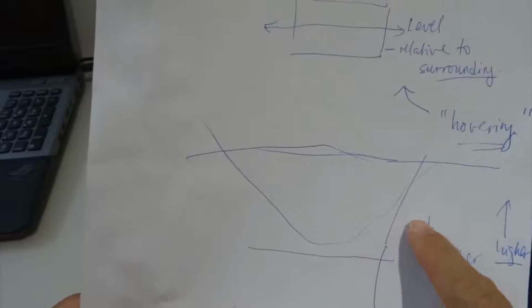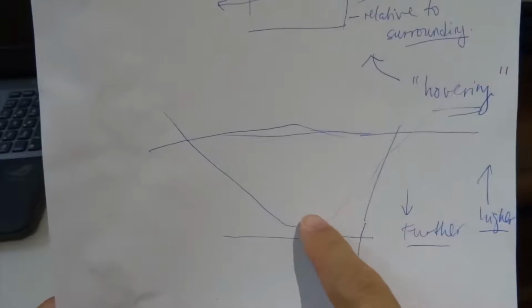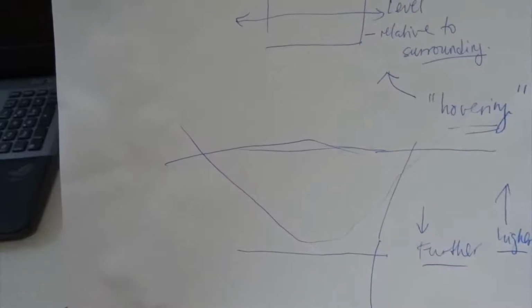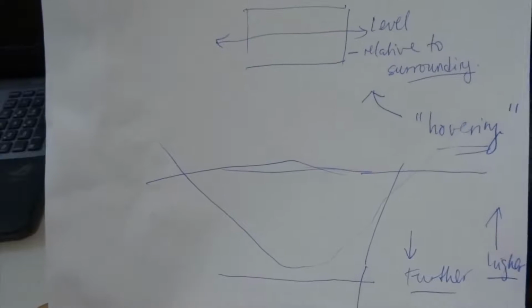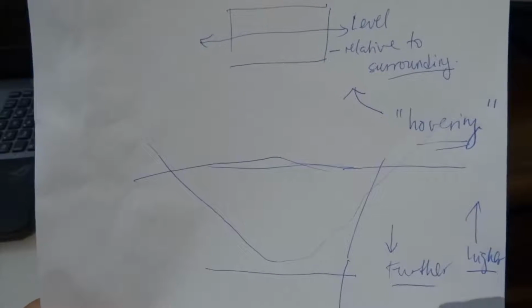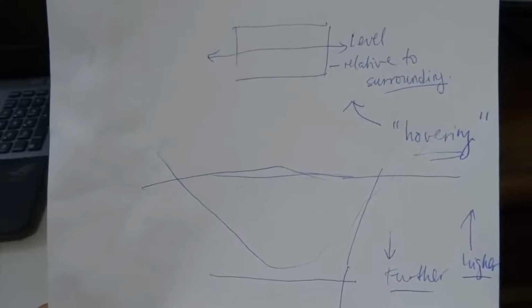The distorted image you can easily overcome by telling yourself every time you fly that you're not that far away, you're actually closer to the object. In time, through practice, you'll be able to get used to that.